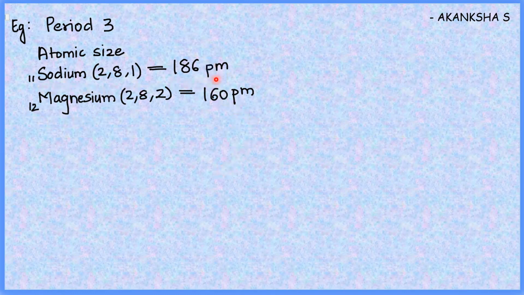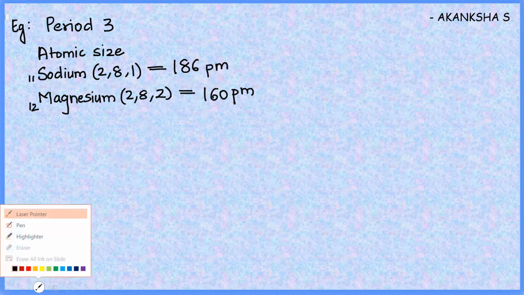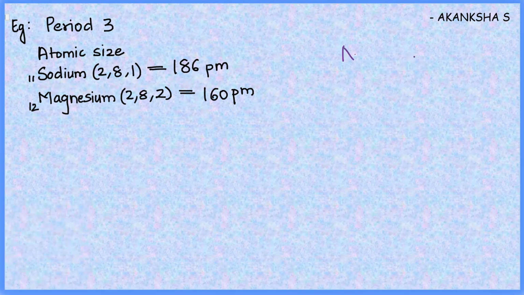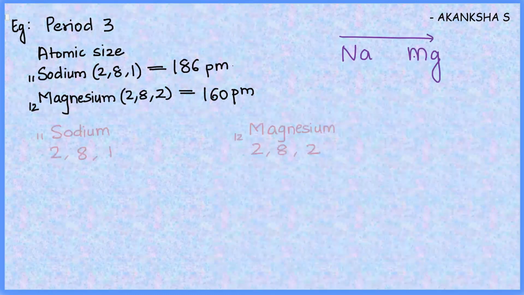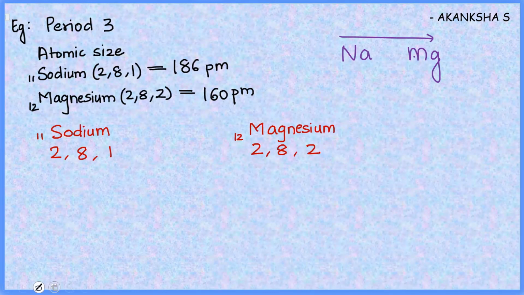So you can see along a period, that is when we move from left to right, atomic size tends to decrease. Why is it decreasing? See over here. Sodium has an atomic number of 11, magnesium has 12.